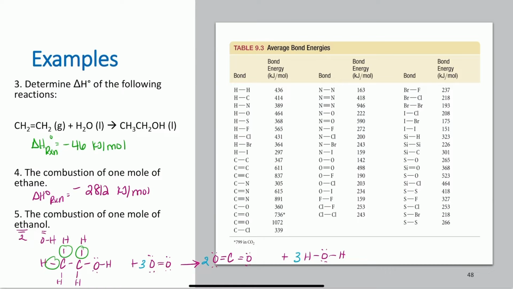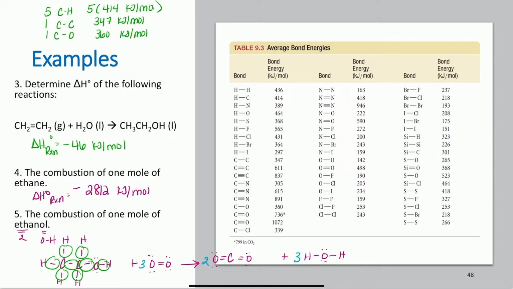1, 2, 3, 4, 5 CH bonds being broken. So 5 times 414 kilojoules per mole. 1 carbon-carbon bond being broken, 347 kilojoules per mole. 1 carbon-oxygen bond being broken, 360 kilojoules per mole.